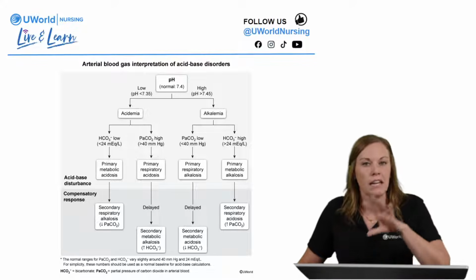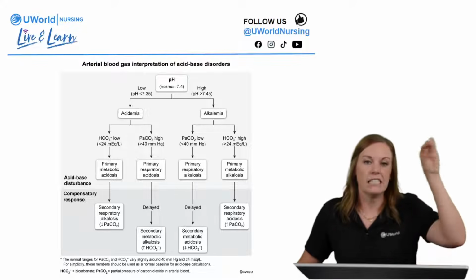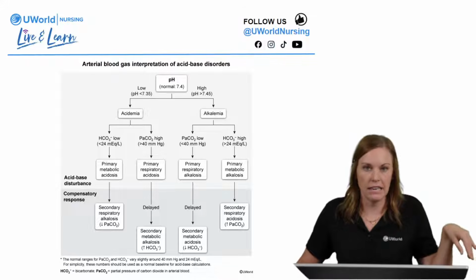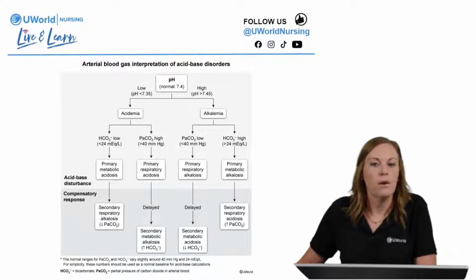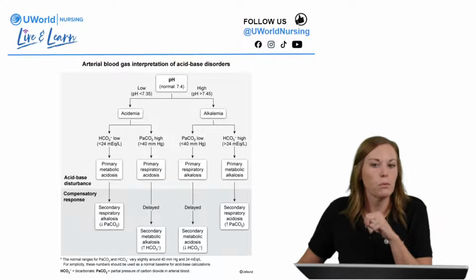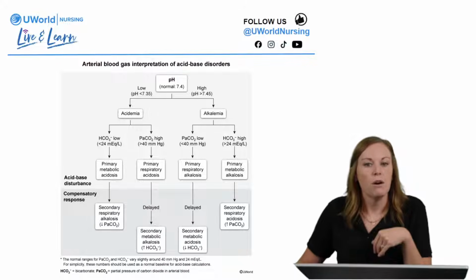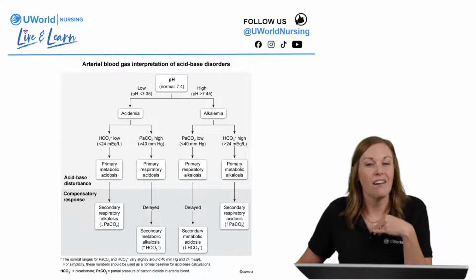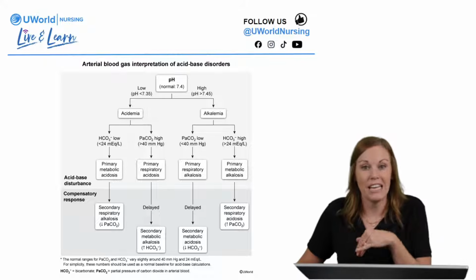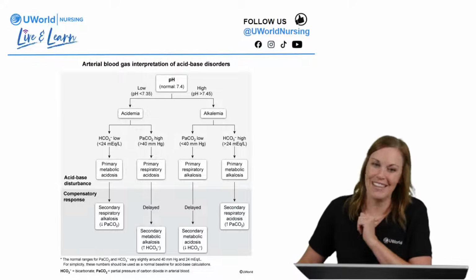So in that scale image, we're going to try and take an acid off the scale to lean us a little bit more towards the base side. When that pH returns to normal, we're going to be fully compensated, but we'll have a low CO2 from blowing it off from that hyperventilating. And so we can have a secondary respiratory alkalosis. So we'll get to all of this.